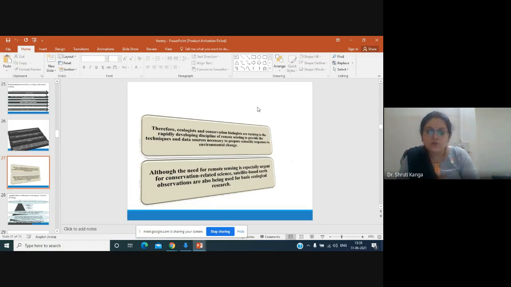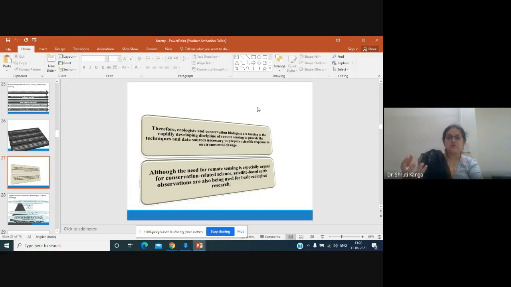Although the need of remote sensing is especially urgent for the conservation related sciences, satellite based earth observations are also being used for basic ecological research. So nowadays the need of remote sensing is becoming very important for conservation related studies.